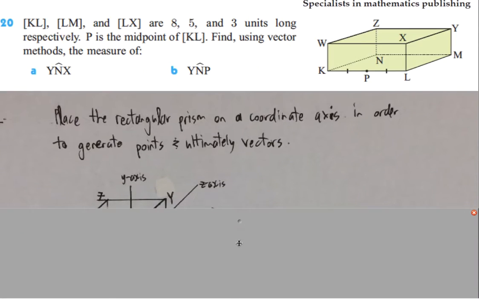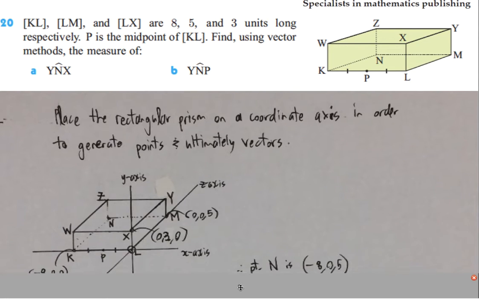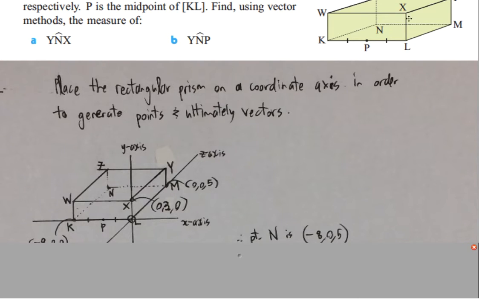So I'm going to copy this, and in this case I'm choosing to use this particular vertex, with LK, LM, and LX as the actual X, Y, and Z axes, as you can see here. And then I labeled the corresponding components.